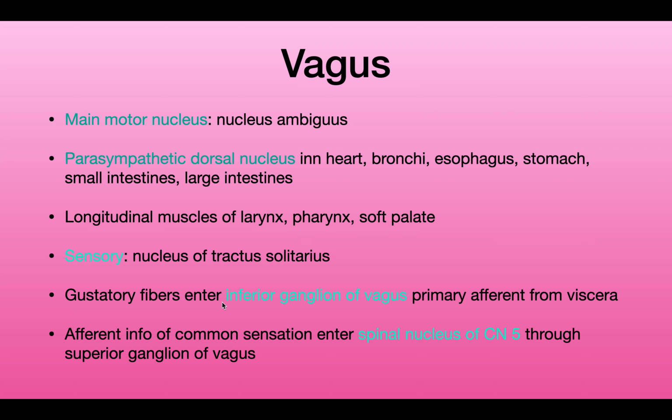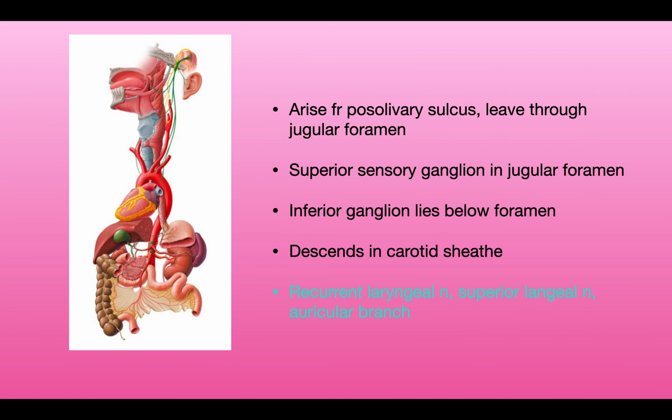Gustatory fibers will enter through the inferior ganglion of the nerve, which is the primary afferent from the viscera, and the afferent information of common sensation will enter the spinal nucleus of cranial nerve number 5 through the superior ganglion of the vagus.